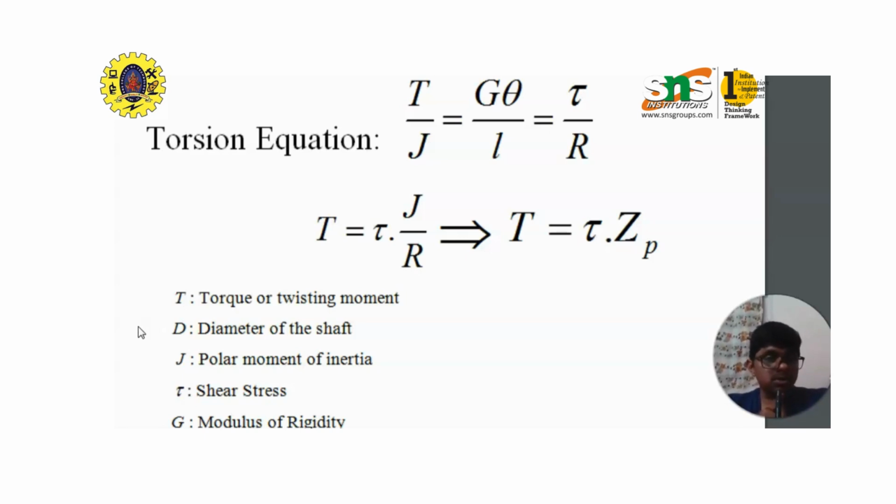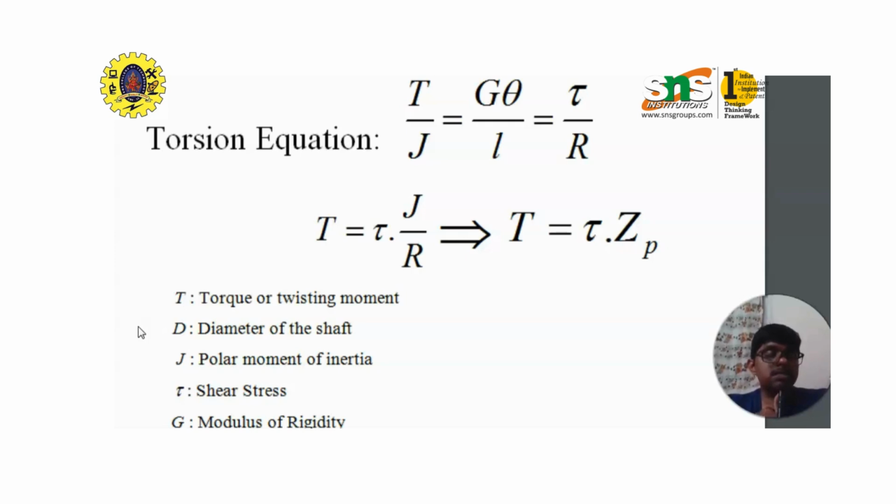Tau divided by R: tau represents the shear stress involved, since if we give motion to the shaft, some moment is produced, which acts against the actual applied load. That is what we call the torque.